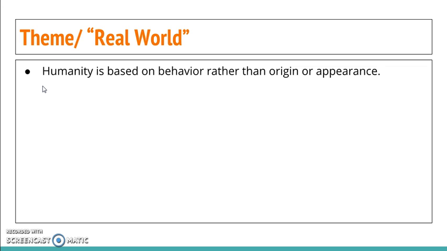Essentially, that proves that humanity is based on behavior, because it's how he acts, what he does, and he might not be considered human in a technical scientific definition, but in the sense of humanity, humanity would be based on behavior rather than origin or appearance.